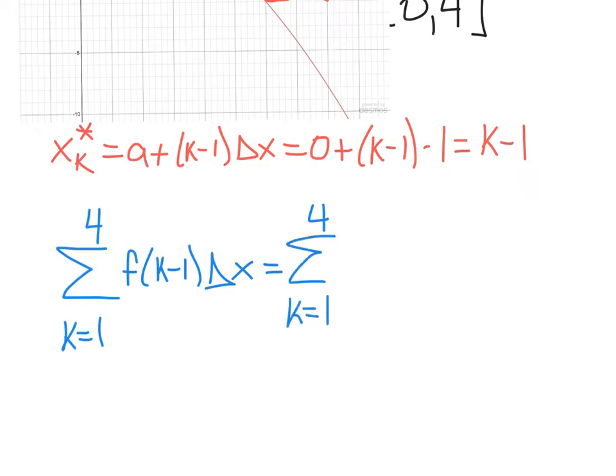So actually we have f is really 8 minus 2 times k minus 1 squared. That's going to find our height of each rectangle, and then we're going to multiply it by our base of each rectangle. Now we got to do a little simplification here.